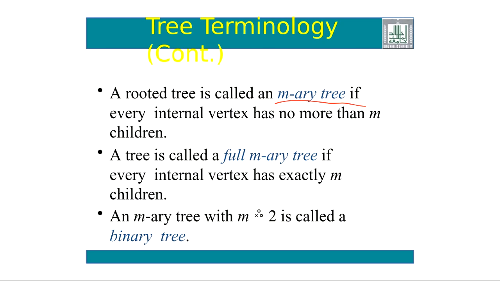And if another tree is a full m-ary tree, that means each and every internal vertex present in the tree has exactly m children, 2 children, 3 children, like that. That is called a full tree. Another tree, the binary tree. What is a binary tree? That means in the given tree each vertex has 2 children, at most 2 children. This tree is called a binary tree.